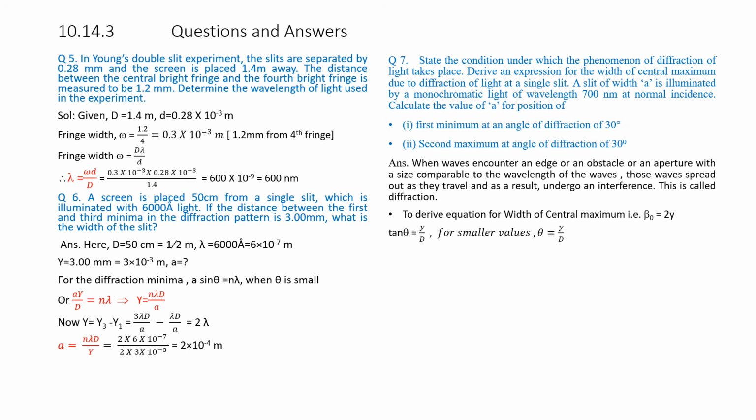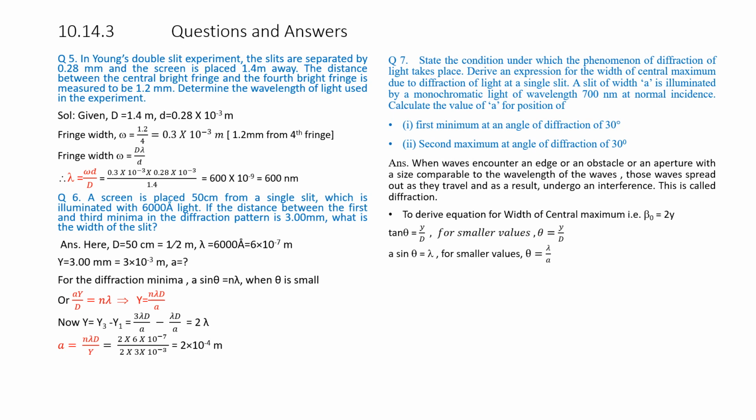Tan theta is equal to y by D, where theta is the angle of diffraction. Y is the position of the fringes, D is the distance between the slit and the screen. For smaller values of theta, theta is equal to y by D.